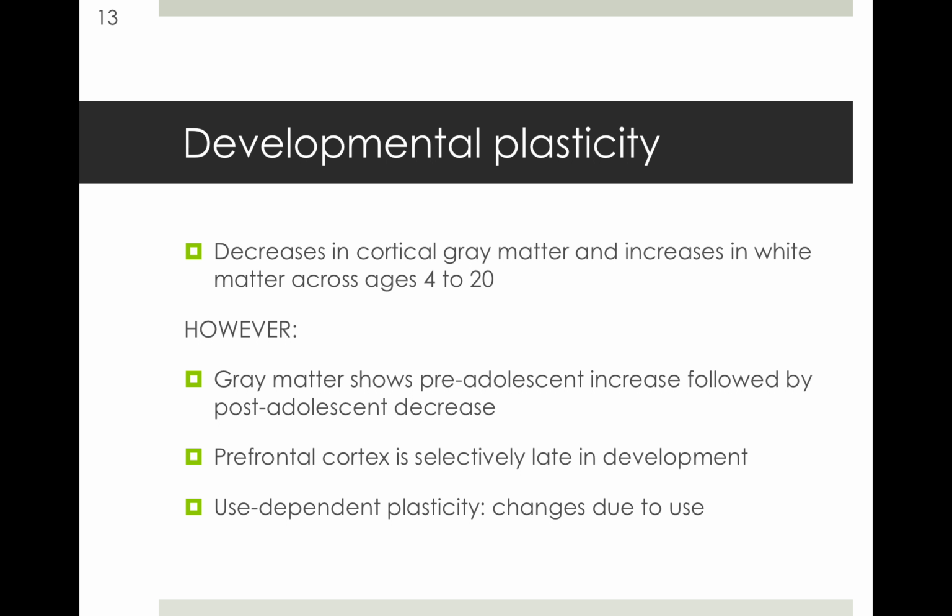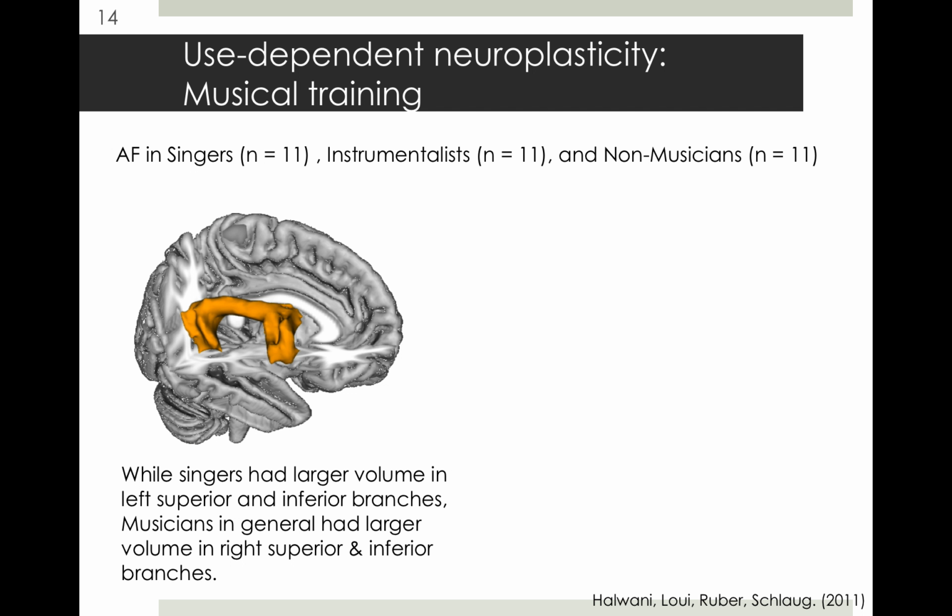A really nice example, I think, comes from looking at the arcuate fasciculus, which is a major white matter pathway in the auditory motor system. If you think about who uses the auditory motor system a lot, there are people who sing and people who play musical instruments, right? They have to listen to sounds and react to sounds.